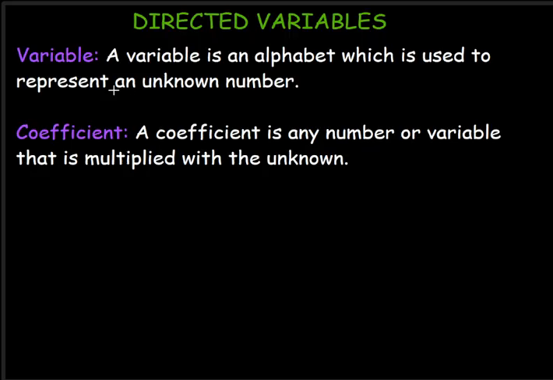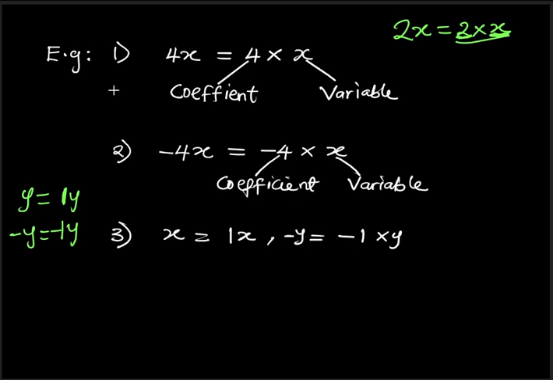I said for the context of this class and for this level, we'll see coefficient as a number that is multiplied with the unknown. So now we've seen examples here, you can find the coefficient of a particular variable in a given expression.